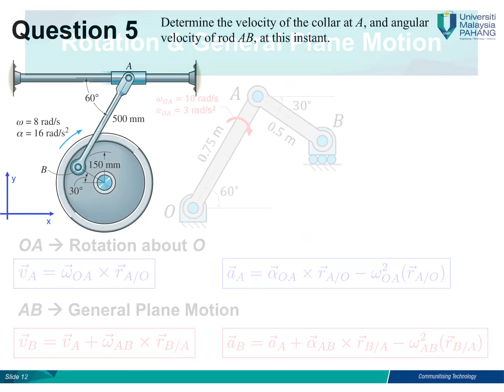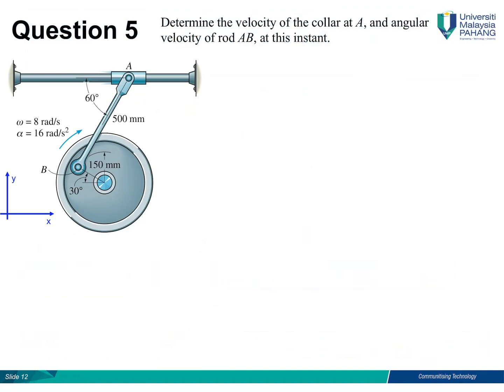So let's go to tutorial question number 5, which involves both angular velocity and also angular acceleration. You can notice here that the disk is rotating in a clockwise direction with omega equals 8 rad/s, and there is angular acceleration alpha equals 16 rad/s squared.